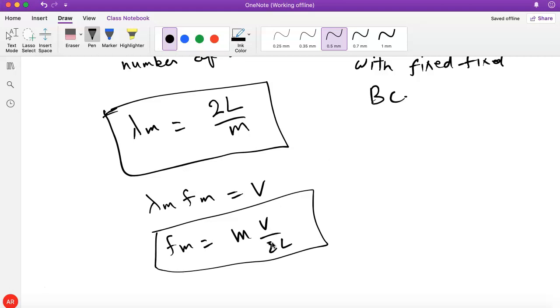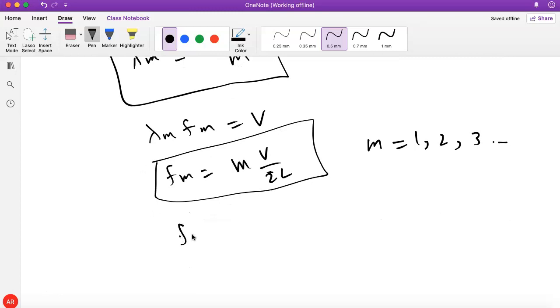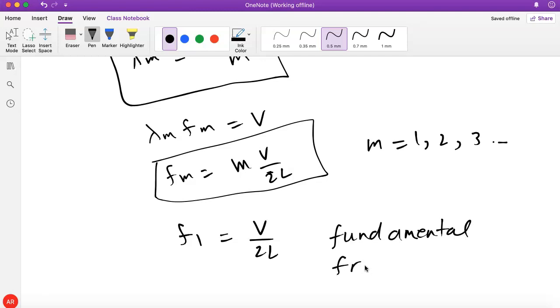It must be an integer multiple of v over 2L, where m is 1, 2, 3, etc. So f1, which is the smallest possible frequency, is known as the fundamental frequency.